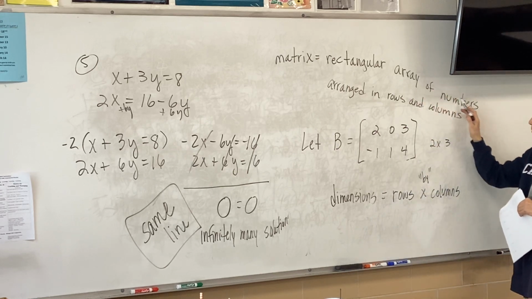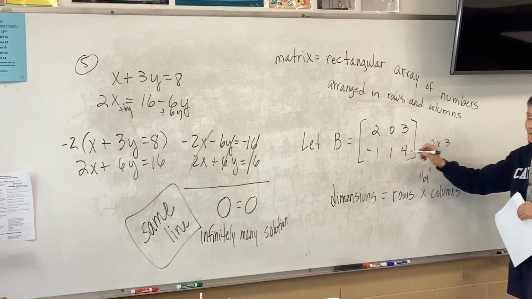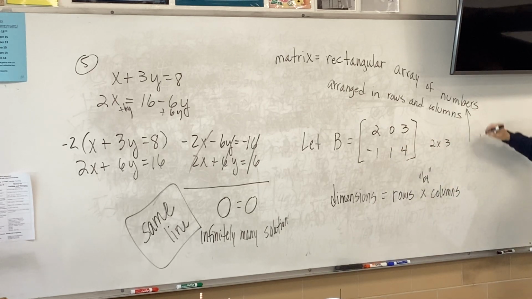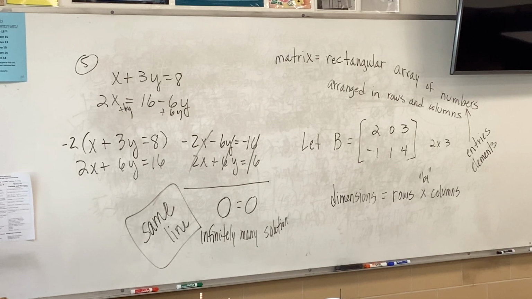A rectangular array of numbers. The numbers inside the matrix, these numbers right here, are called entries or elements. You can use either word. The numbers inside a matrix are the entries or the elements.